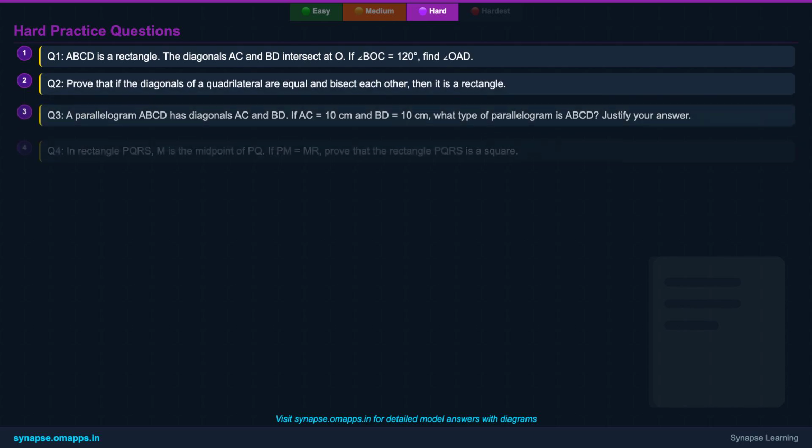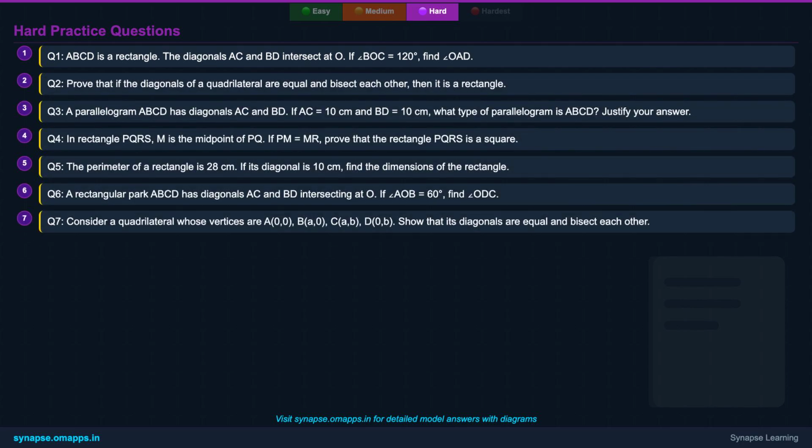Ready for some hard-level thinking? Q1. In rectangle ABCD, diagonals AC and BD intersect at O. If angle BOC is 120 degrees, find angle ODC. Q2. Prove that if the diagonals of a quadrilateral are equal and bisect each other, then it is a rectangle. Q3.